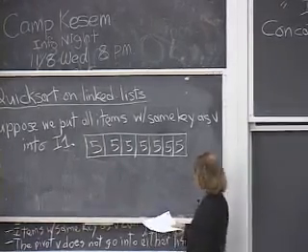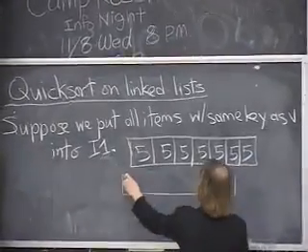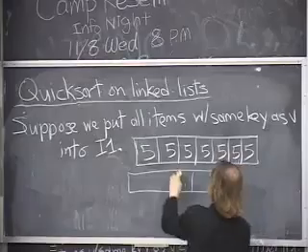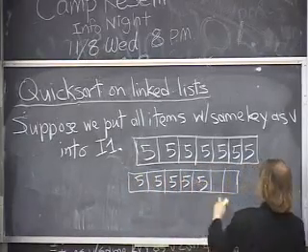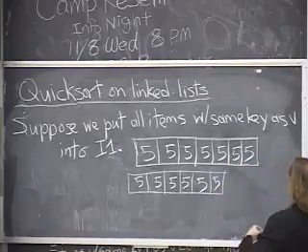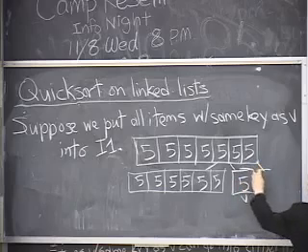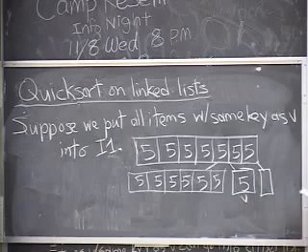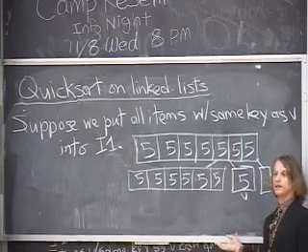Well, it picks a pivot, which is 5, and everything less than or equal to 5, other than the pivot, goes into list I1. And the pivot goes at the end. And you can see that what's going to happen here is exactly the same thing that happened here. We're going to get quadratic time. So this strategy is not going to work for either linked lists or arrays.